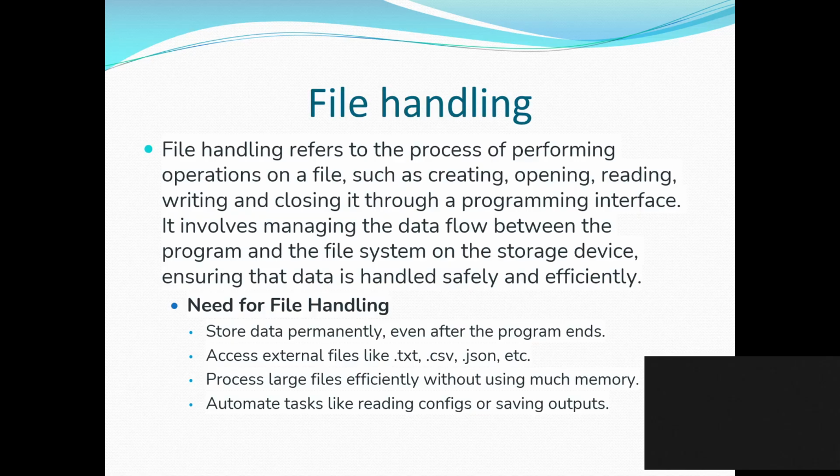If I have files like text, csv, or json and want to process them inside the program, we need file handling. If I want to process large files efficiently without using much memory, we use file handling. If I want to automate tasks like reading configs or saving outputs, we use file handling. These are the areas where file handling is mostly used.